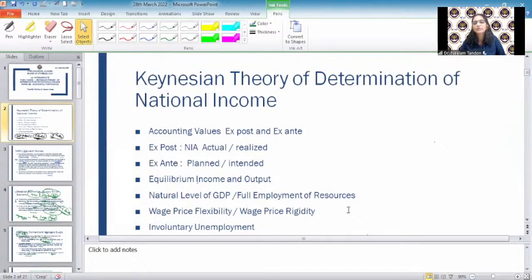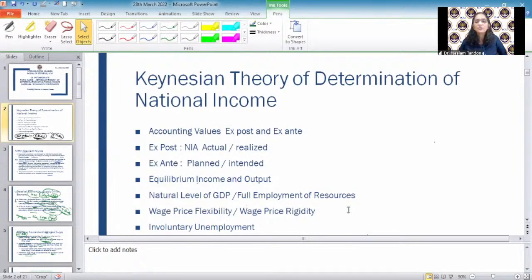Then I want to ask you one more question related to APC, average propensity to consume: why, with an increase in income, does average propensity to consume decrease? So these are the questions.